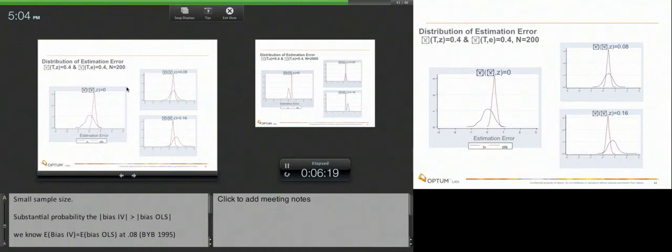Now, if the correlation isn't 8%, but it's 16%, instrumental variables is even more biased than ordinary least squares was. And this is completely ignoring this really strong endogeneity problem. So we've got a 40% endogeneity problem, completely ignoring it, and we're doing better with ordinary least squares than with instrumental variables because of this variability problem.